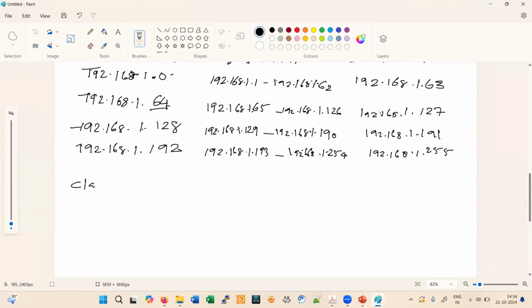I can give you a class B network. Try this: 192.168.0.0.